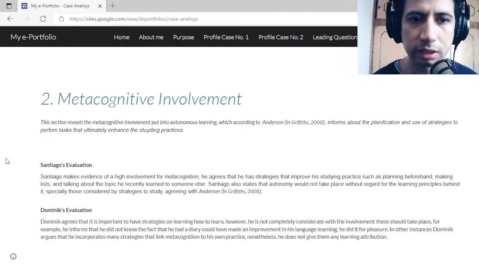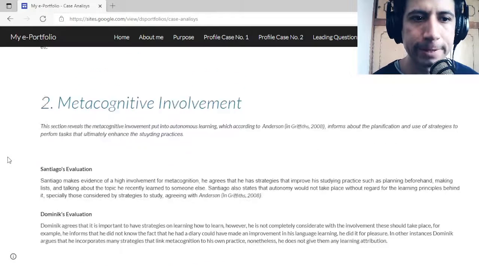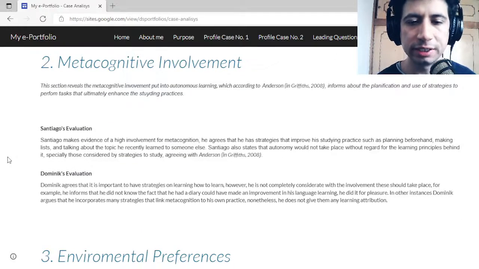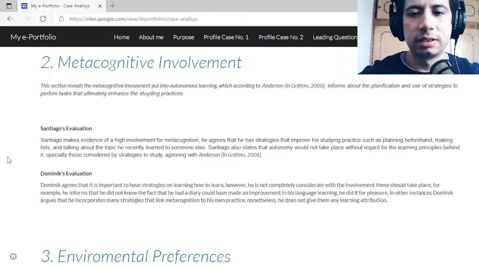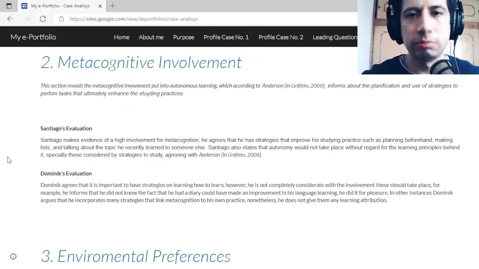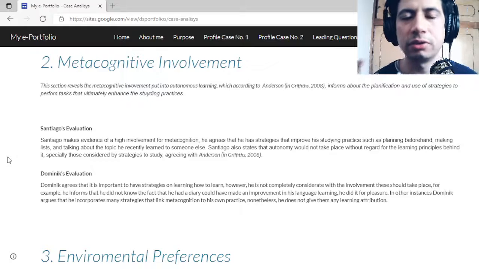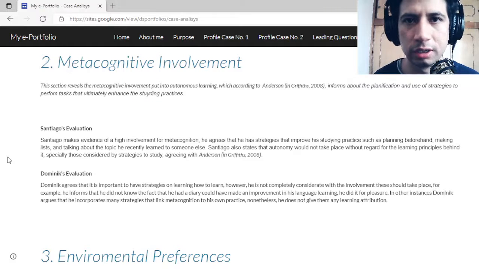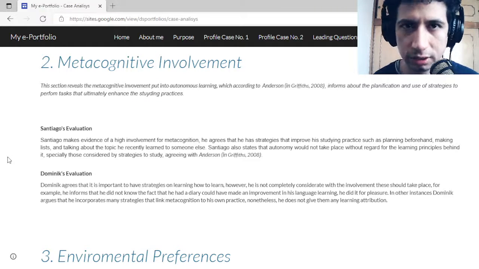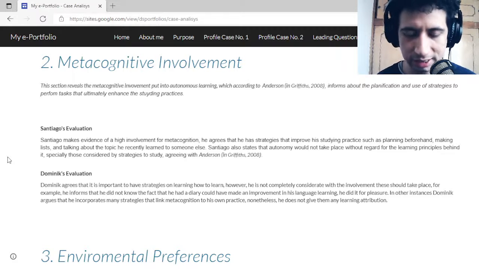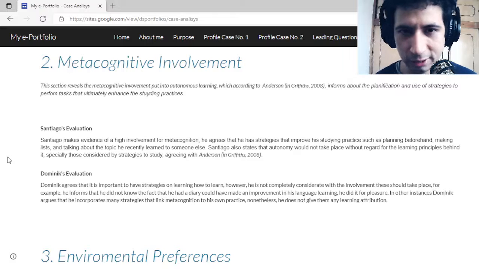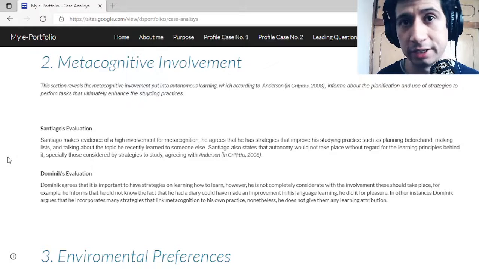Number two, the metacognitive involvement. I show awareness of the practices that allow me to be an autonomous learner. For example, I also like to do a lot of things before doing the work, such as if I have to write something, I make a list. And I'm aware that making that list will allow me to perform a better job.